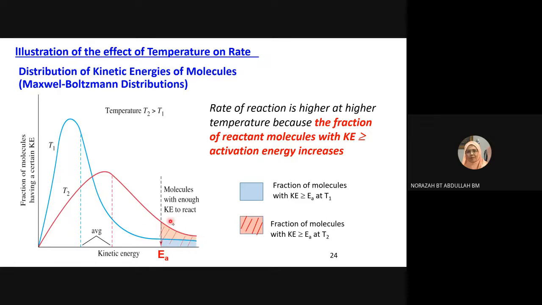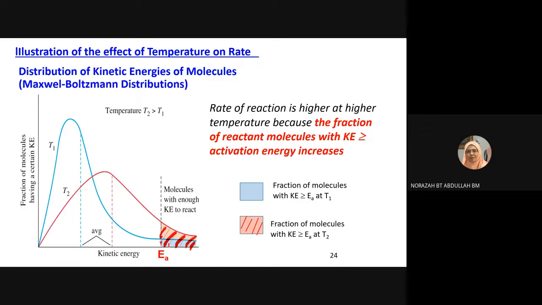Bagi higher temperature, there will be larger area. Di kawasan sini dan di bawah sini. Ya, ini juga menunjukkan macam merah jugalah. Sini saya takut you are confused ni. Kiranya untuk at higher temperature, the area is both.